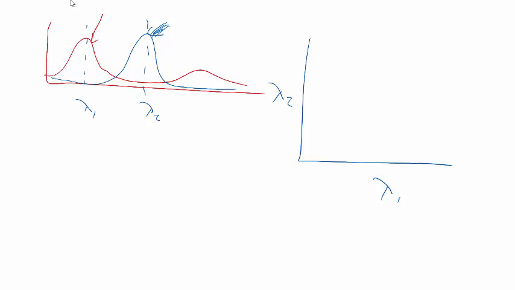And if I just look at the red ones, they're going to have a high value for lambda 1 and a low value for lambda 2, right? So they're going to be sort of scattered around here. Each one of them, there's randomness associated with it, so I'll have 1,000 data points, all centered around lambda 1 higher and lambda 2 lower, right?